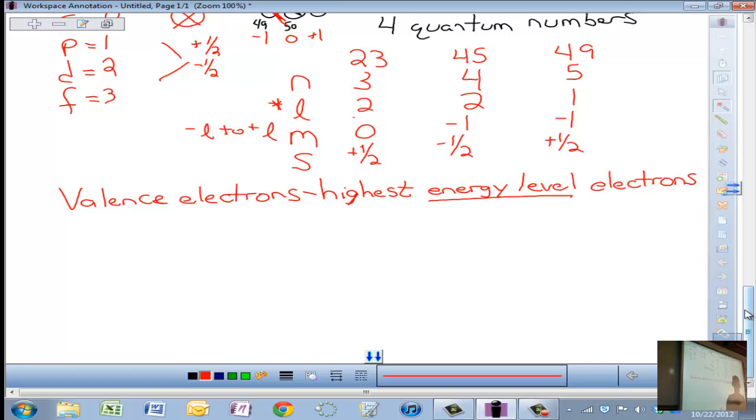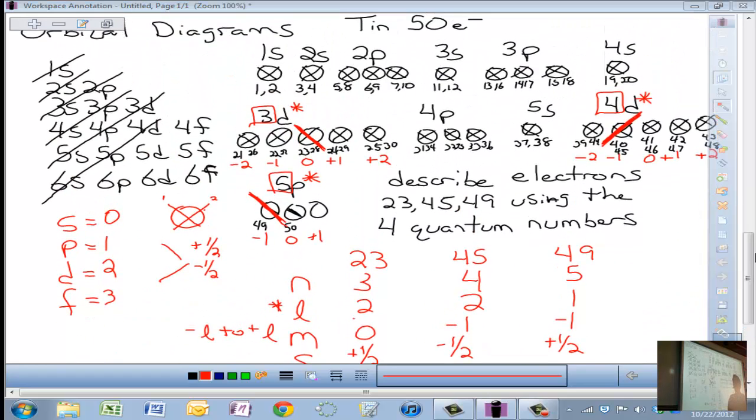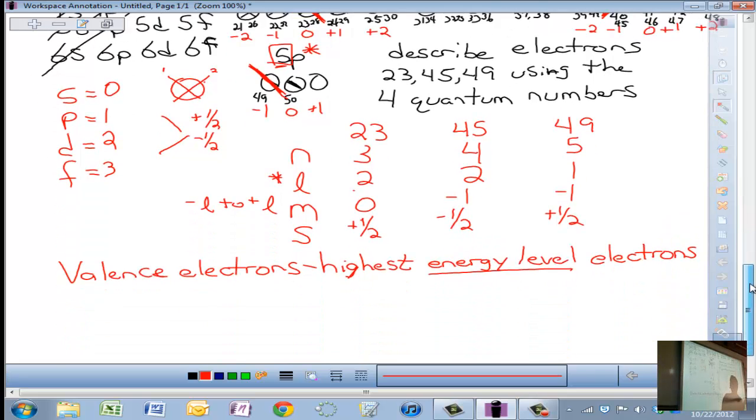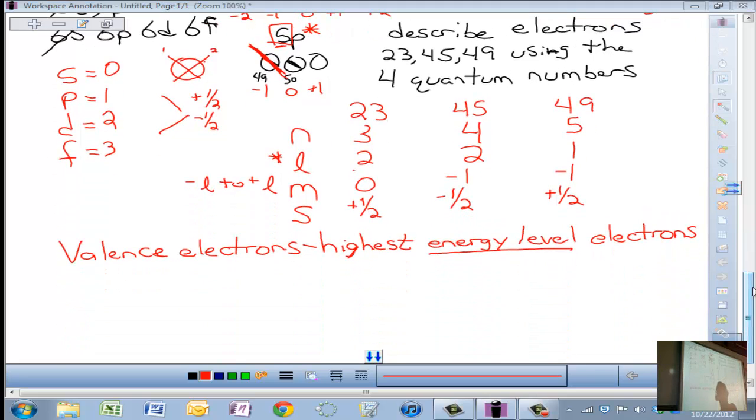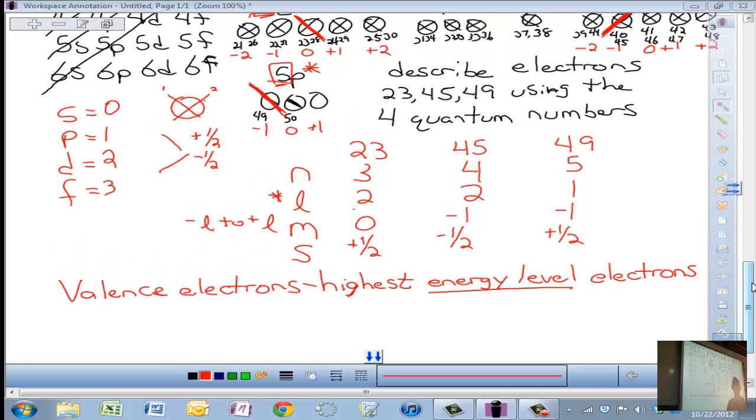Now, when I come back up here, I've got a 1, a 2, a 2, a 3, a 3, a 4, a 3, a 4, a 5, a 4, and a 5. So what we're saying is my fifth energy level was my highest energy level.